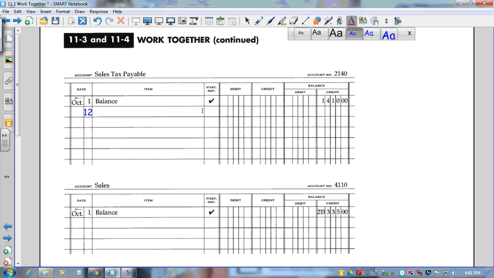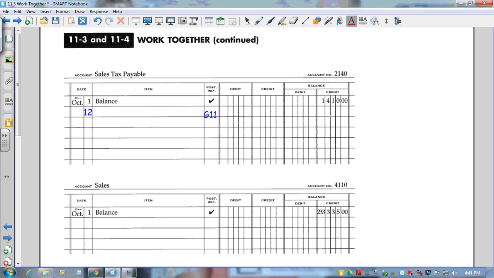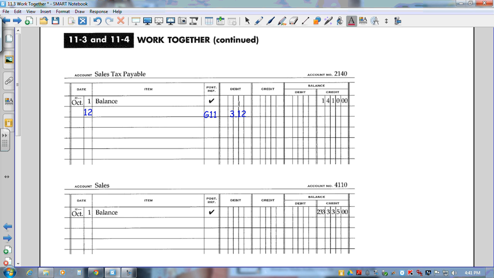So that's going to be general 11, so G11. And what was it? This was a debit of $3.12. So in my debit column, I'm going to put $3.12. Move that a little bit.